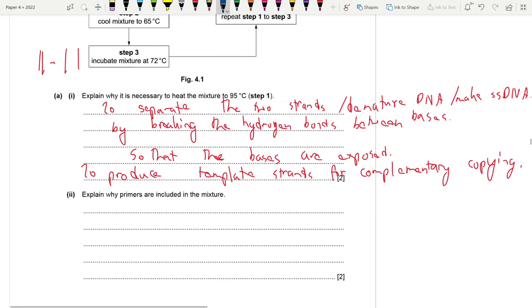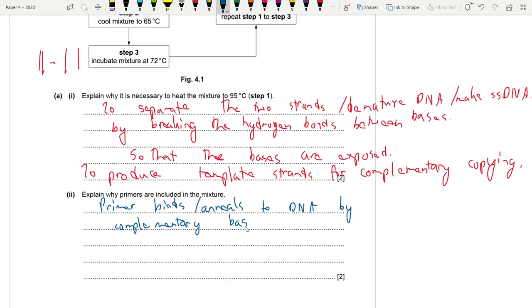So what about primers? What are they? What do we use them for? So the primer binds or anneals to DNA, right? By complementary base pairing.